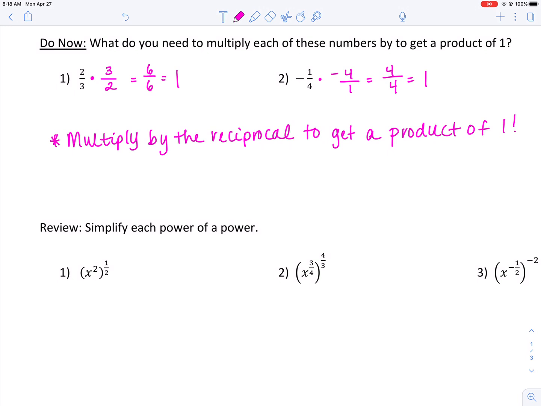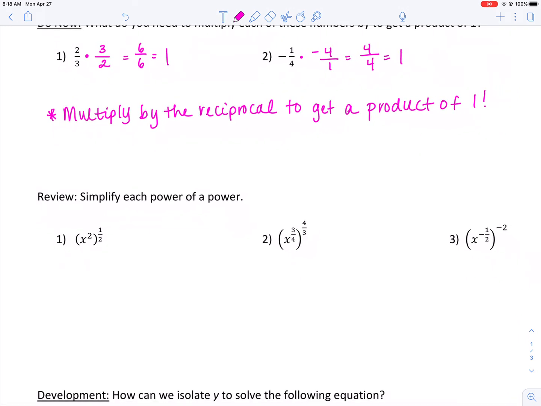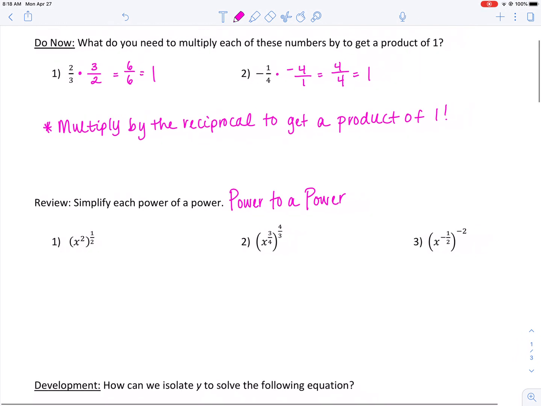Now watch how that's going to change just a little bit. Look, when you have x squared raised to the 1/2. In all of these examples, in this whole next section, what rule is happening? Please note that this is power to a power. So when you are raising a power to a power, that means we multiply exponents.